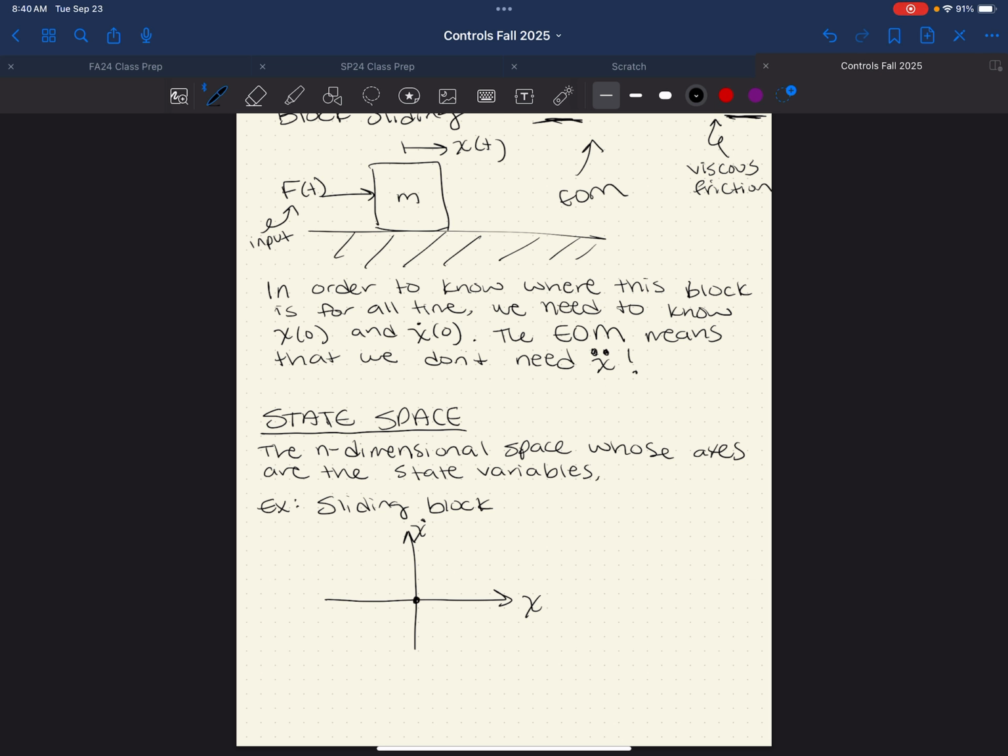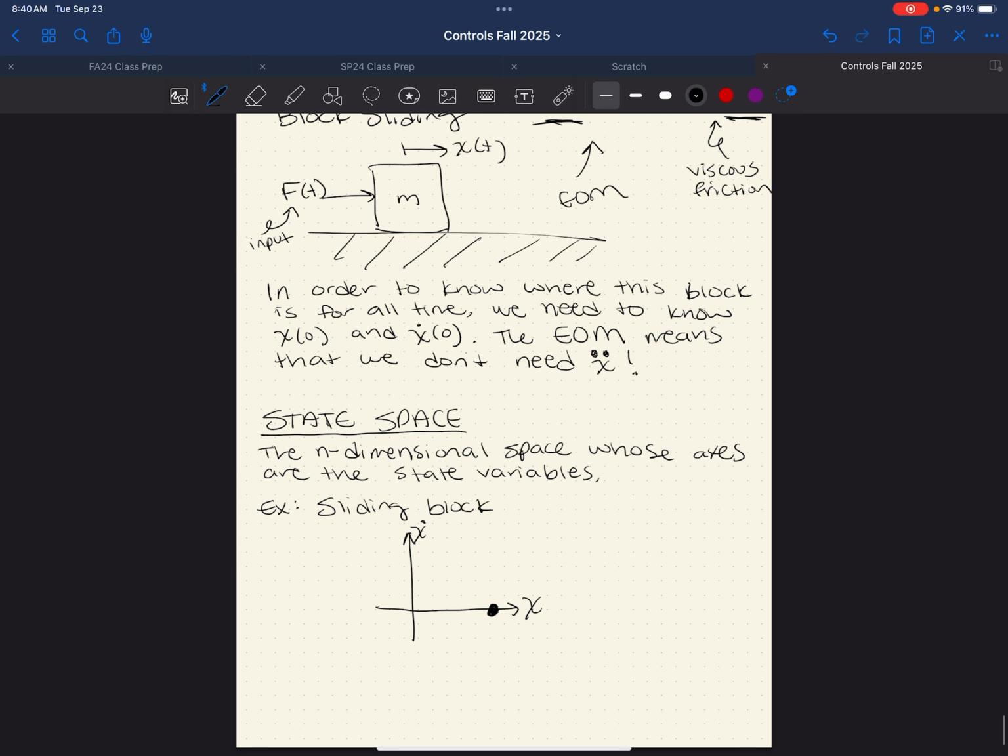And now let's think about maybe how that state evolves over time. If we take it from some position that is non-zero, I'm going to have to redraw, with zero velocity. So we pull our block away from that spring by a little bit. When we let it go, we start out with zero velocity. That's why I'm on this horizontal plane here.